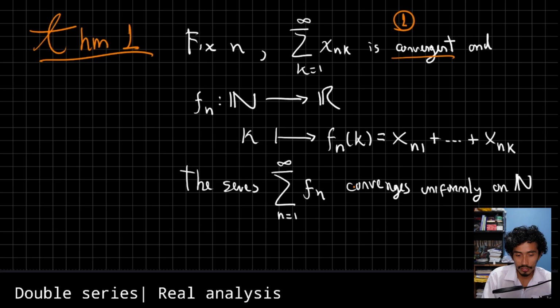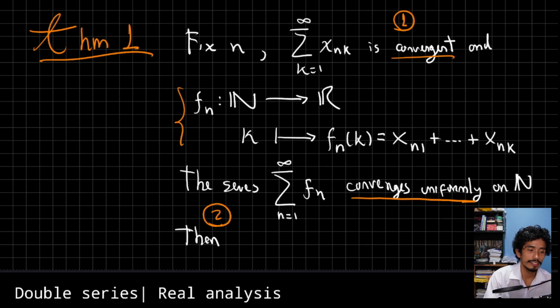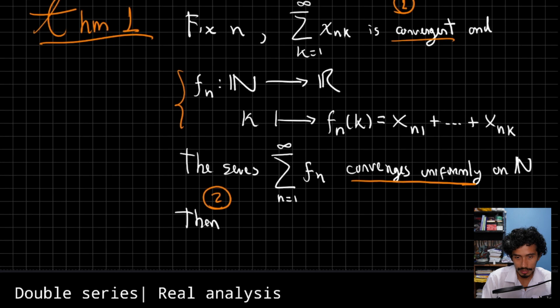The second assumption is that when we define this function for every n, the series converges uniformly on n. So this is uniform convergence. Then now there comes the good part.